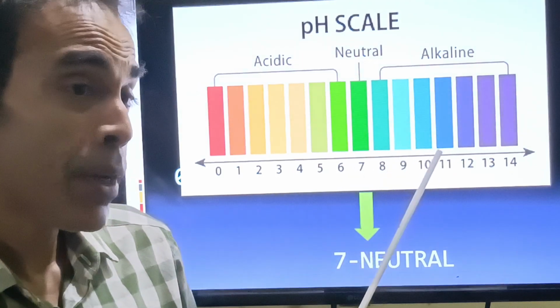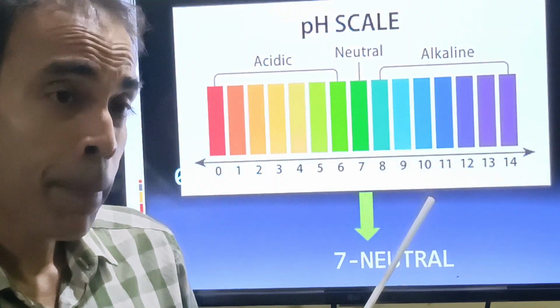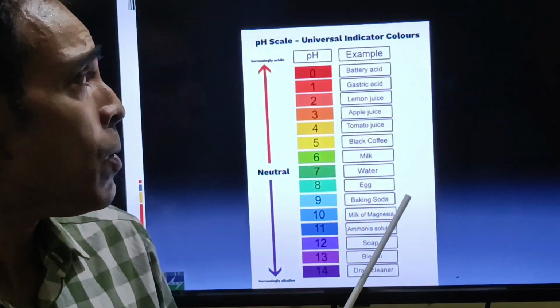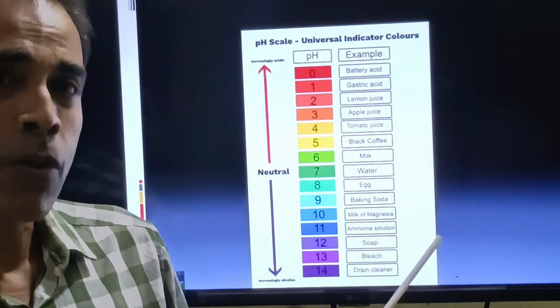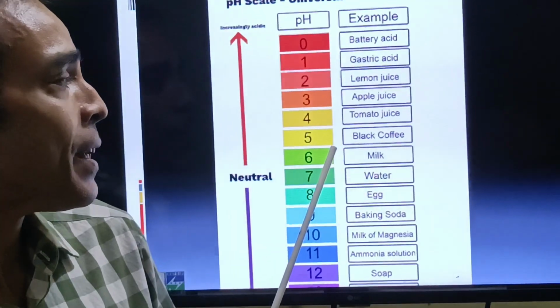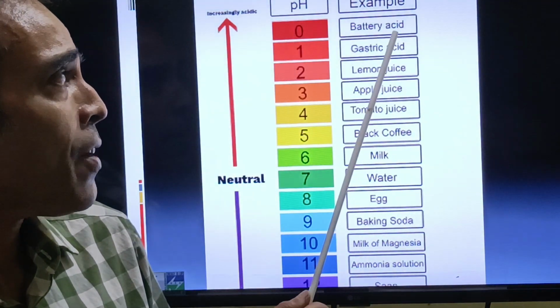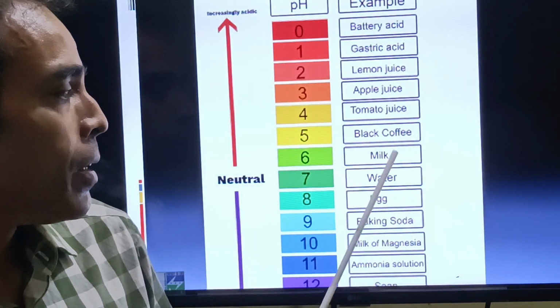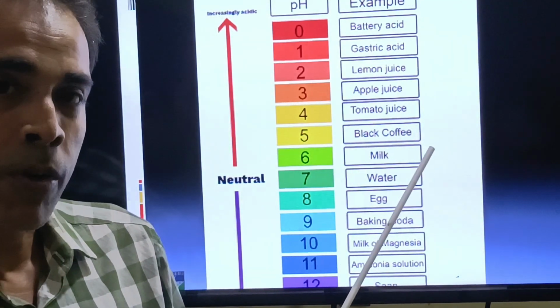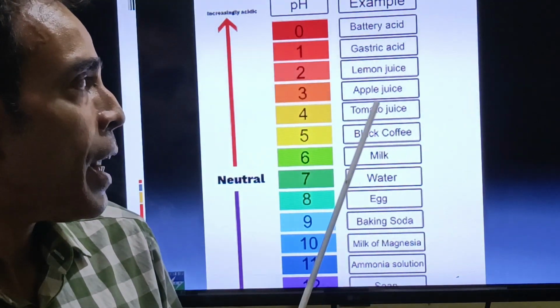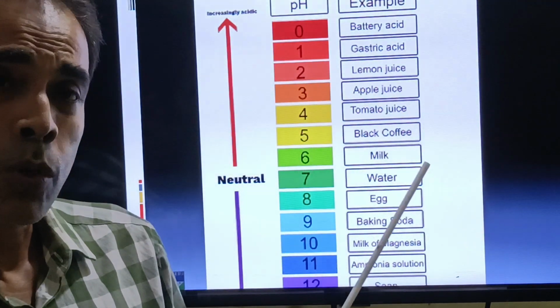So this is how we can determine with the help of the pH scale the strength of acids and bases. Now there are some common examples. As you see from this scale, as you go from 7 to 0, we find a wide range of acids. Gastric acid, commonly present in our stomach, has a very low pH, and lemon juice has a pH of 2.